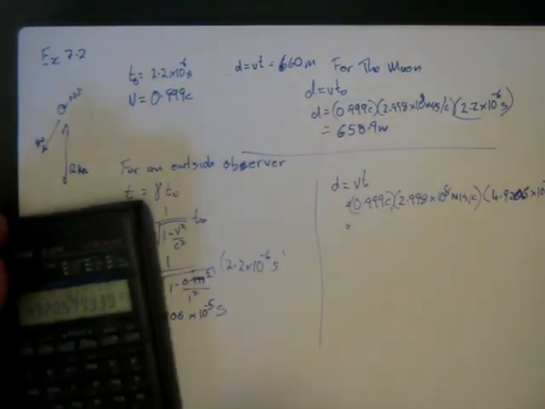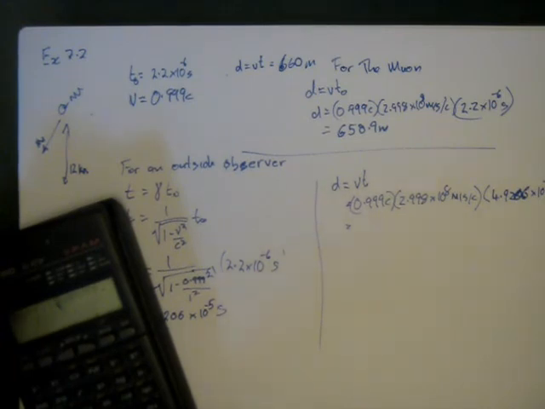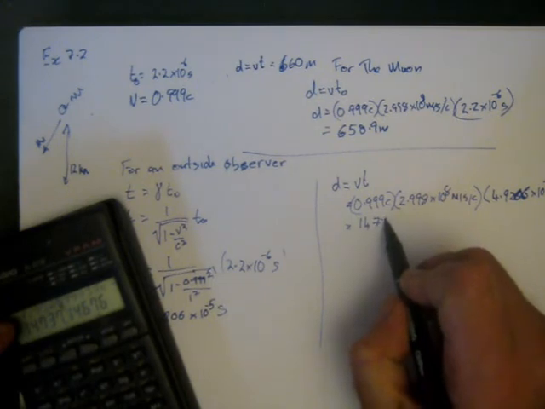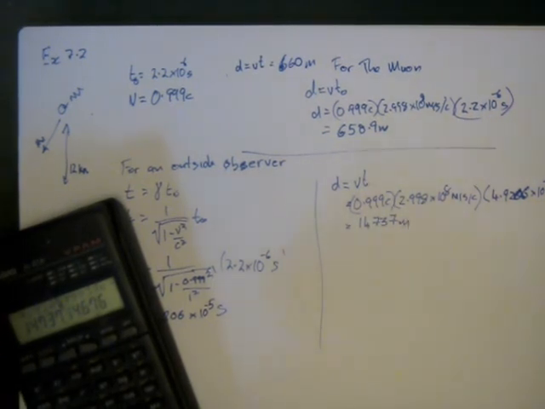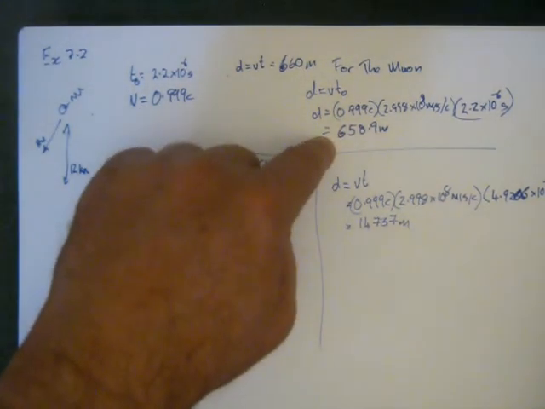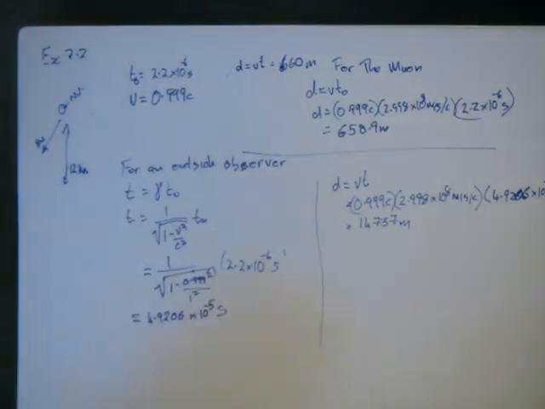That equals 14,737 metres. So for the muon, it has only travelled 660 metres, but we see it travel 14,737 metres.